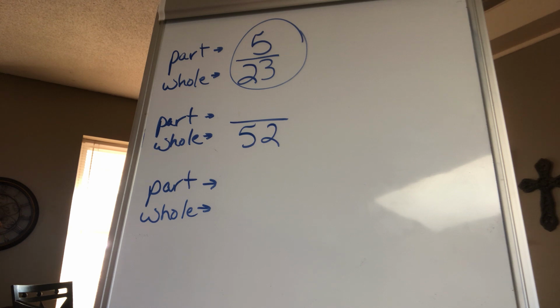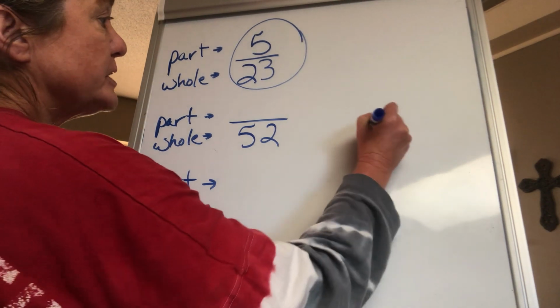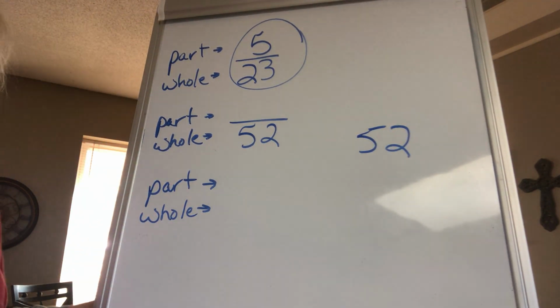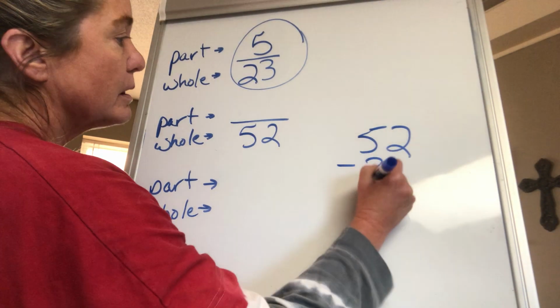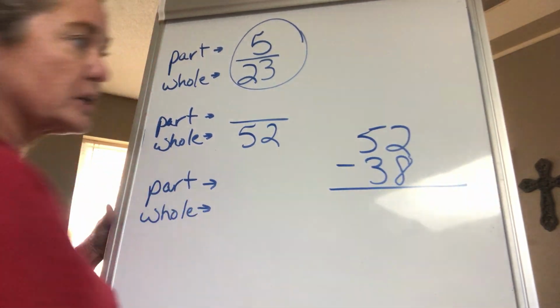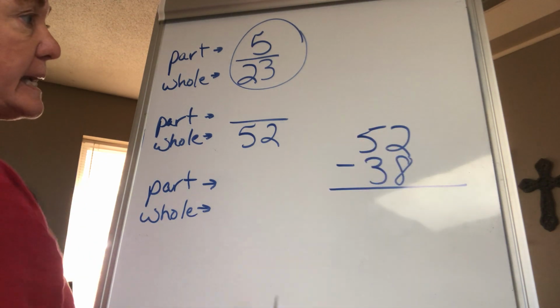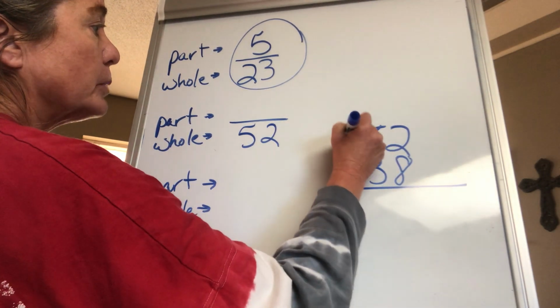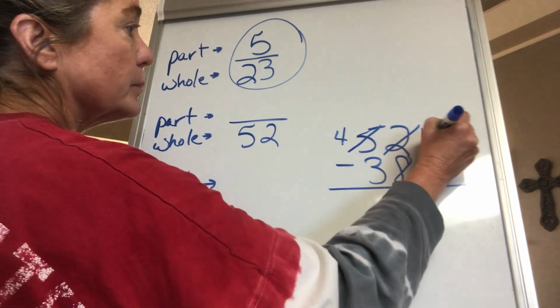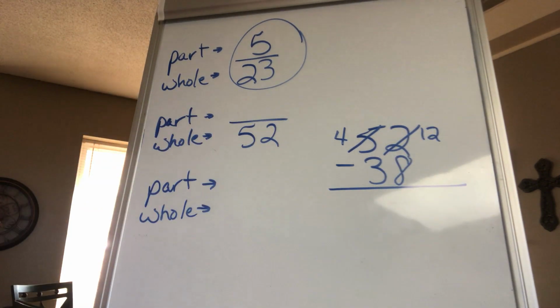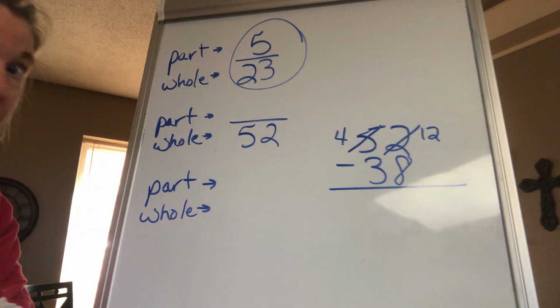Okay, let's look at that. All right, he used 38 to build his house, though. So if he had 52 to start with, and we take away the 38 that he used for his house, then we'll know how many he didn't use, won't we? Okay, we can't take 8 from 2, so we had to borrow, and it becomes a 12.